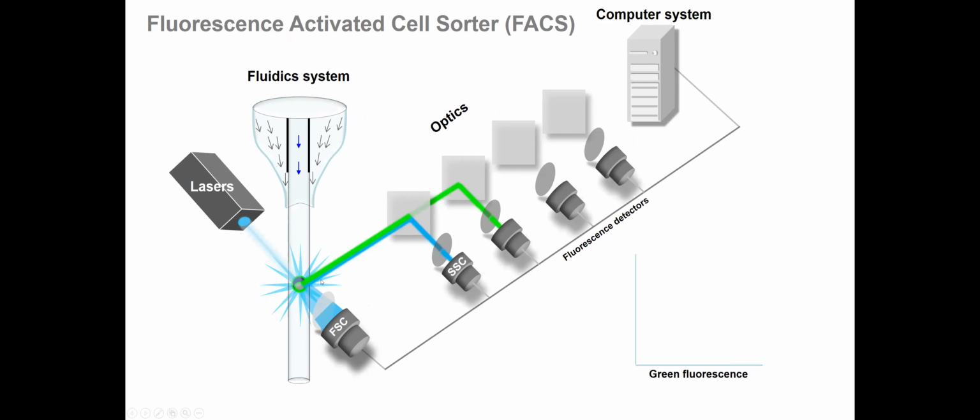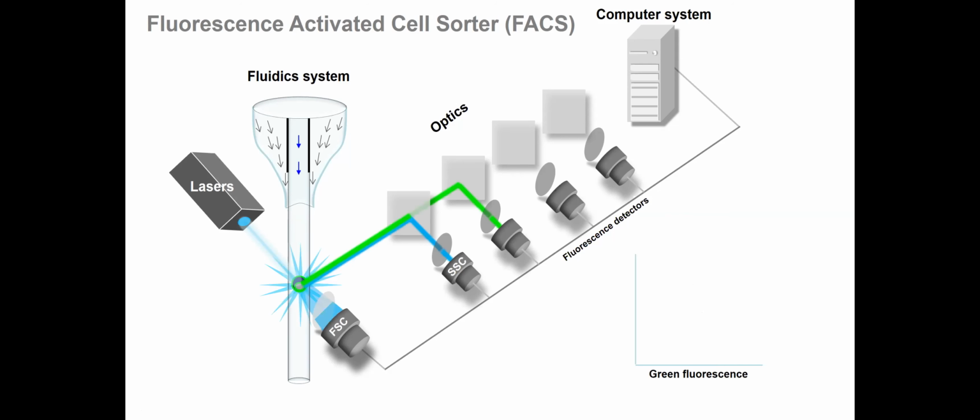But if this molecule is labeled with a fluorescent molecule, let's say you use an antibody, and that antibody is labeled with a green color, then when it passes through and is excited, not only scattering information, you can still get all the scattering, side scattering information. At the same time, you could get this green signal. Let's look at it one more time.